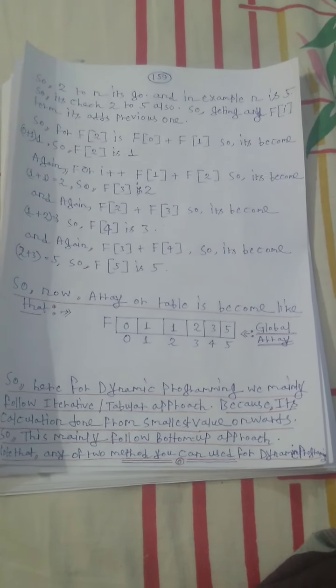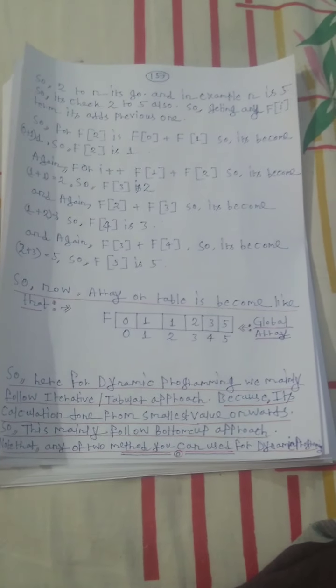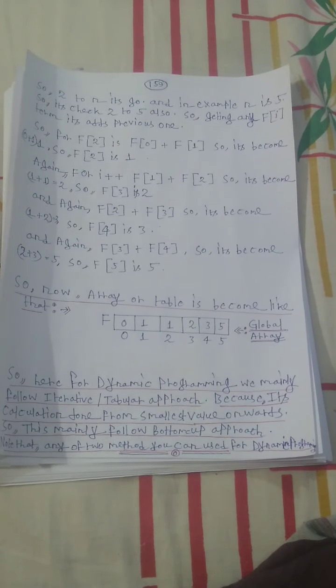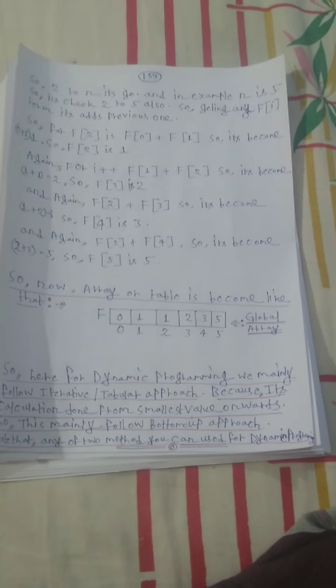And again f3 plus f4 is 2 plus 3 equal to 5, so the f5 value is 5. So the final result comes. Now the array or table becomes: 0 1 1 2 3 5.